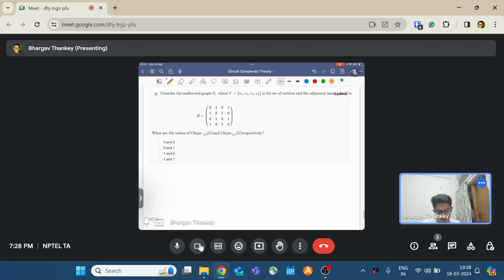The next problem is consider the undirected graph G with four vertices and this adjacency matrix. What is the value of clique 4, comma 2 and 3, comma 4 respectively? Let's first draw the graph.